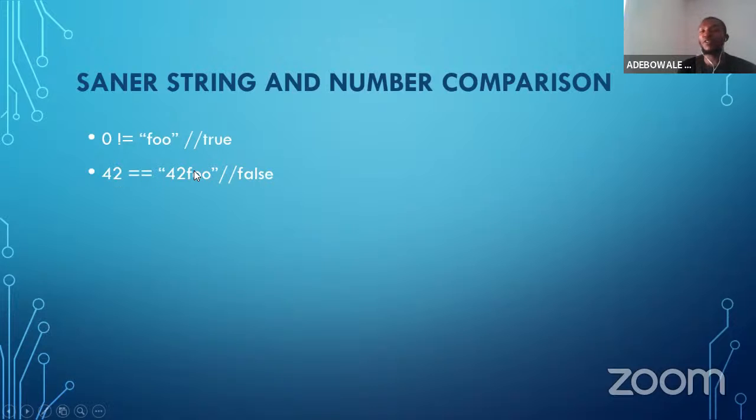This worked in the previous version. But now in PHP 8, you can't do that anymore because it's going to break your code. The same thing for this: 0 has been equal to a string before, but now in PHP 8, that is no more the case.